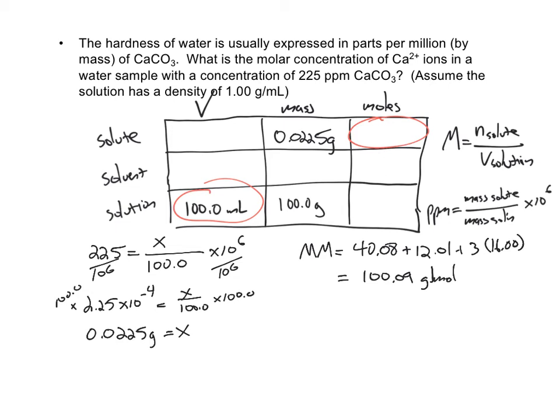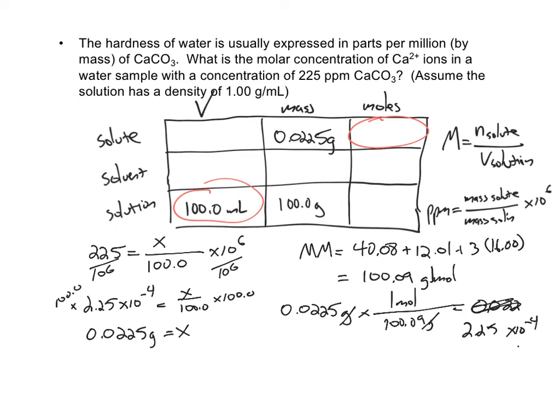So I'll take my mass of calcium carbonate, divide that by the molar mass, nope, I'm sorry, it should be 2.25 times 10 to the minus 4 moles. So I have 2.25 times 10 to the minus 4 moles.